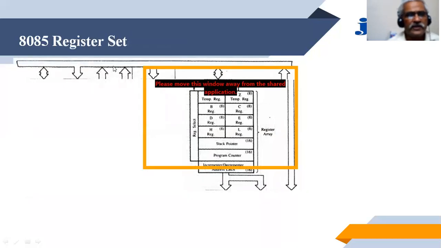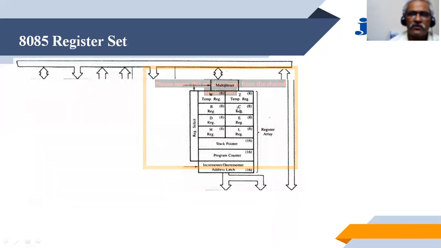Let's look at these different units one by one. To begin with, we have in front of us all the different registers that are inside the 8085, and let us see how these registers are used.